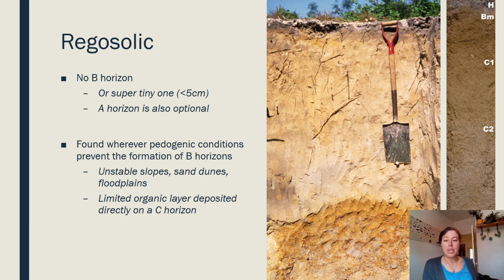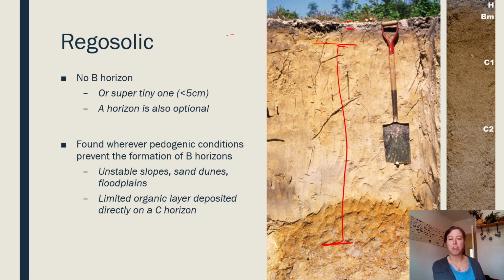Regosolic is where there is no B horizon. So this is usually where there's conditions where pedogenic conditions aren't happening. So they're frequent where there's like unstable slopes or very little organic matter. Like I was talking about those alvar fields sometimes. But you can see in this particular picture here, like this is all just the sand. And you've got this tiny little A layer at the top.